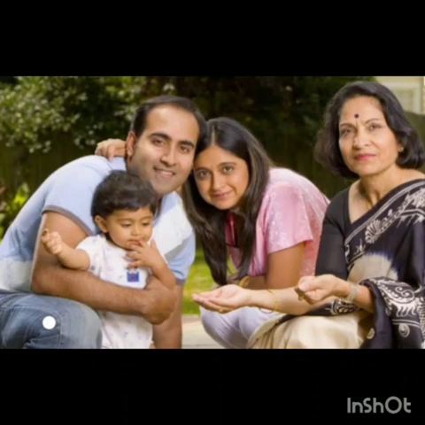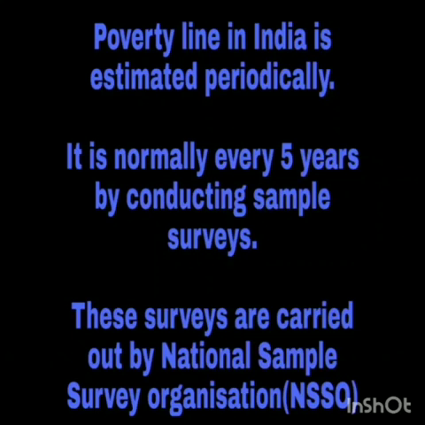The poverty line in India is estimated periodically, normally every 5 years, by conducting sample surveys. These surveys are carried out by the National Sample Survey Organization, that is NSSO.